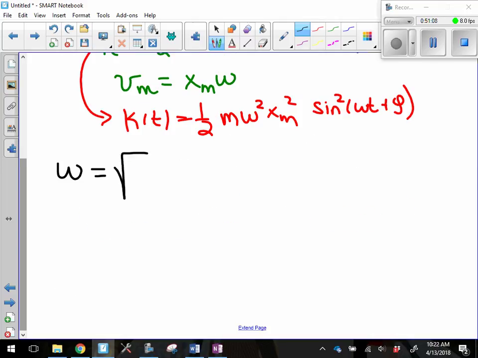So omega is the square root of k over m. And what's going to happen if I square both sides? Omega squared is equal to what? So what's k equal to?